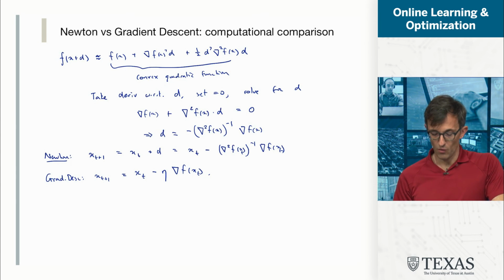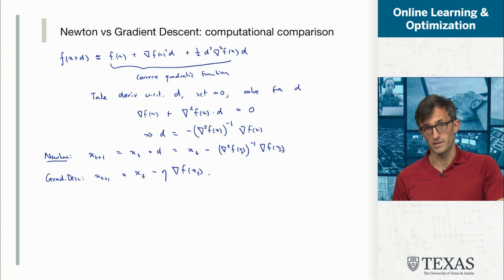Now, one thing that we've generally not been talking about in this series of lectures is how long it takes us to compute the gradient. One notable exception is we did talk about that quite a bit when we were talking about stochastic gradient descent methods. But in general, we have not been talking about how long it takes to compute the gradient of f. And in some settings, this is quite important.